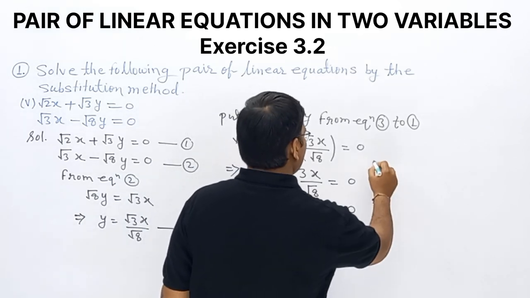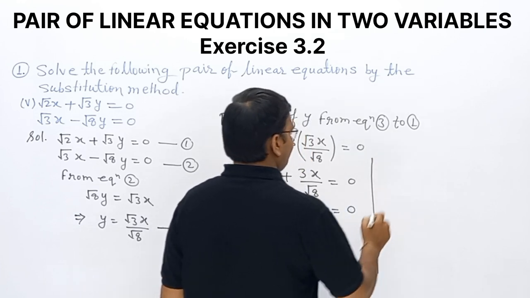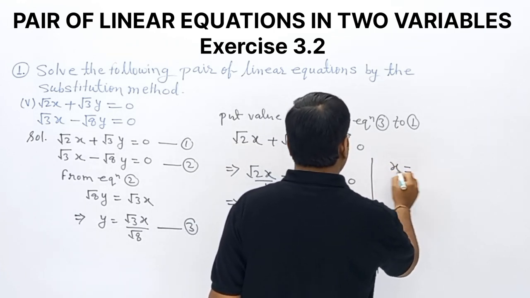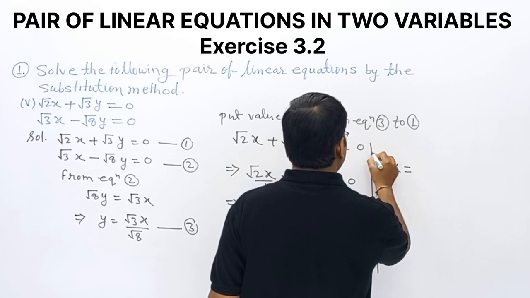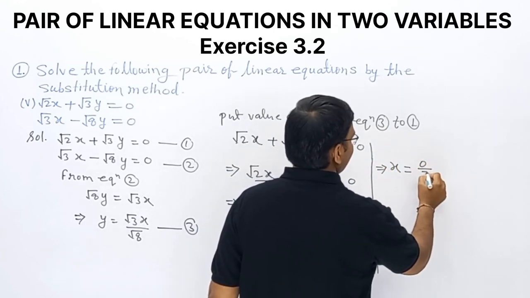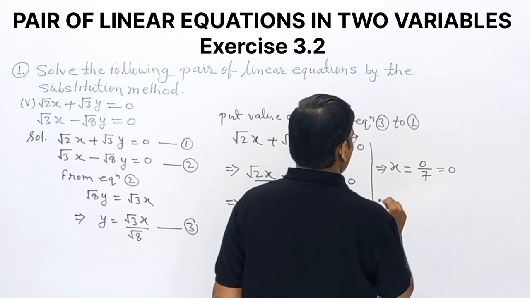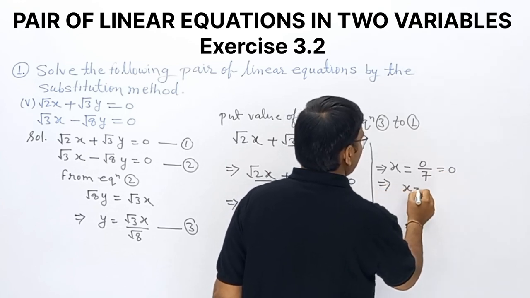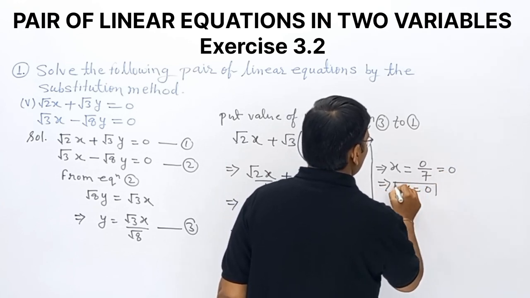Finally x equals 0 upon 7, which is 0. So the value of x is 0.